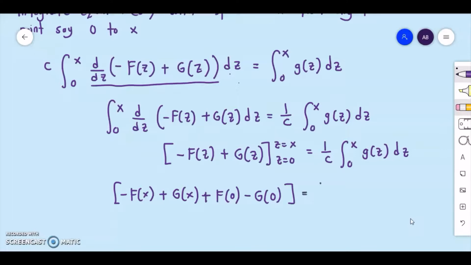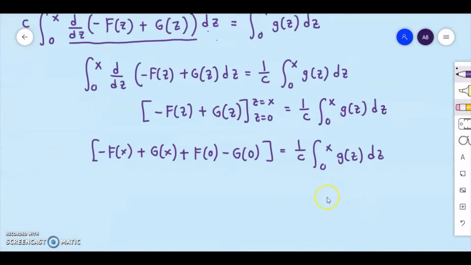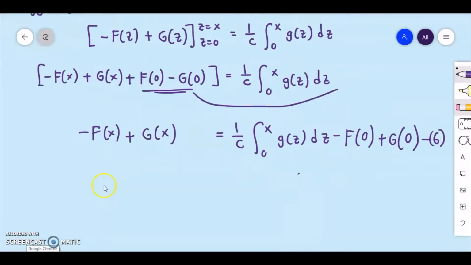And then I have 1 over c, 0 to x gz dz. Now there's something I can do with this equation here. This is not 0. This just means whatever function with respect to x, it doesn't matter what it is, that's a term involving 0 here.